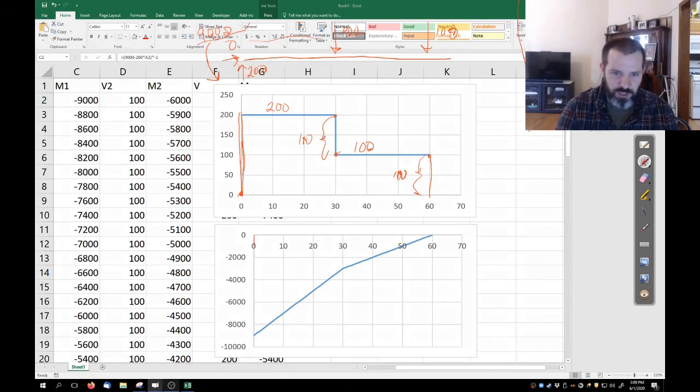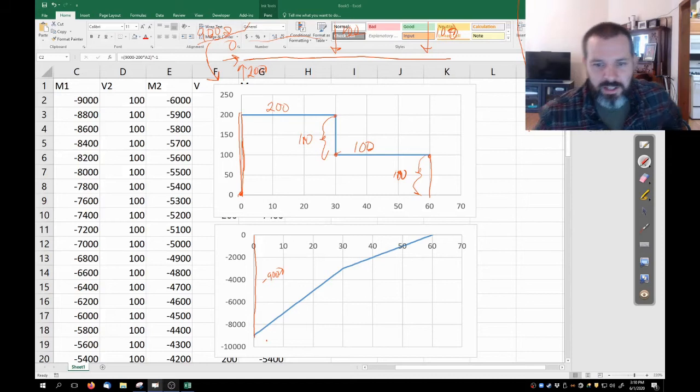So we go from 0 to minus 9,000 because of the supports. We have one line from 0 to 30 and a differently shaped line from 30 to 60.